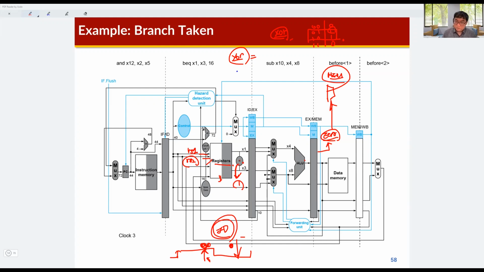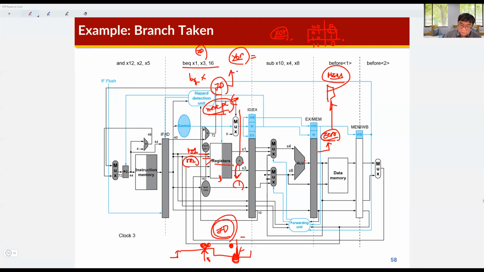Then what's the benefit? When the branch is in the ID stage, the zero is resolved around here, within the clock period, and the next PC becomes the target of the branch when the branch instruction is in the ID stage.